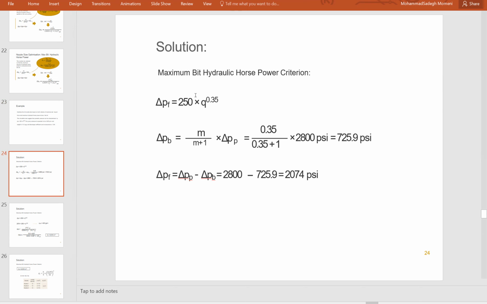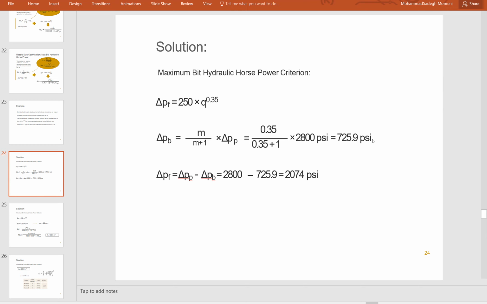So as I just mentioned, the first step is to find the pressure drop in the bit. So I have M is 0.35 based on this equation. In this example, for simplicity, we have been given C and M, so we don't need to calculate that separately. So M is 0.35.